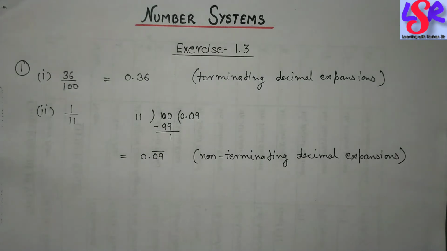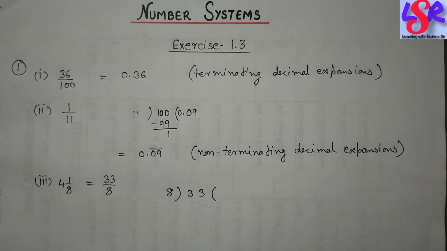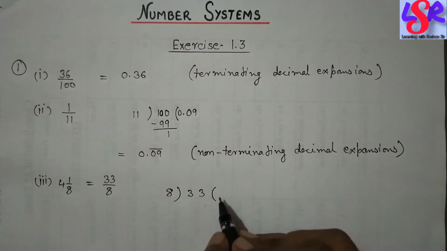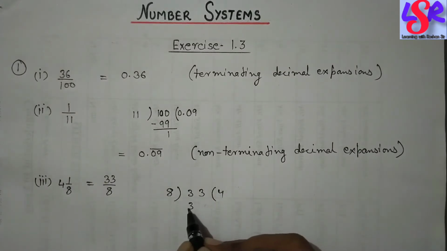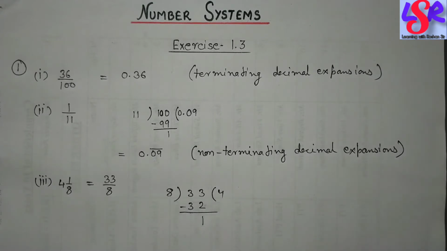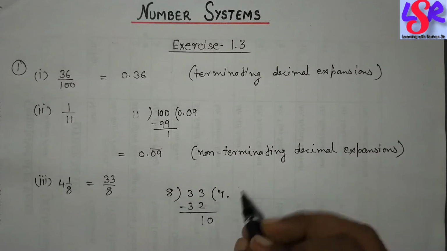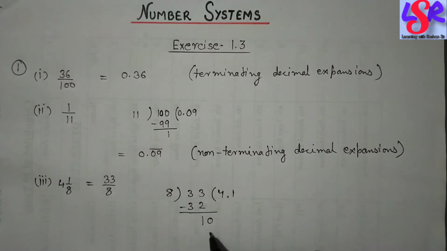Now I'll move to the third part, and here we have 4 whole 1 by 8. First of all we are going to change this into an improper form, then we are going to divide it like this. Now it can be divided 4 times, that is 32, and we continue by writing 1, and after this we take a decimal and put a 0 over here, and 8 ones are 8.